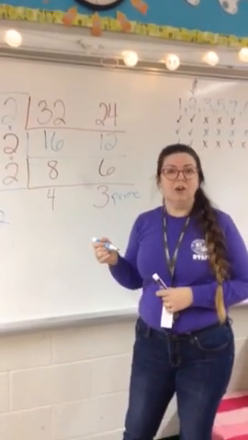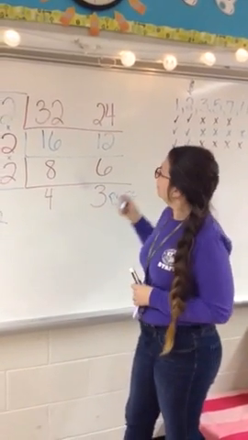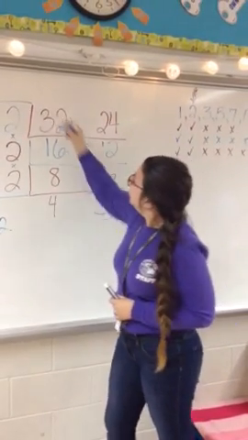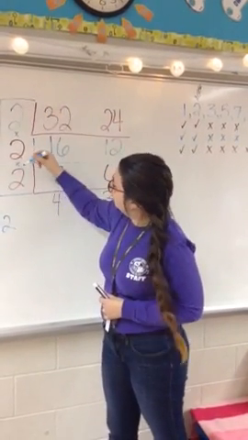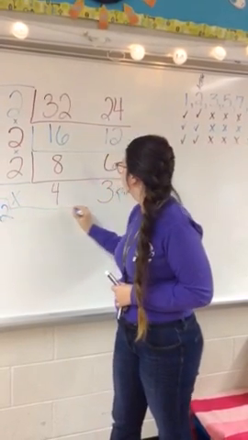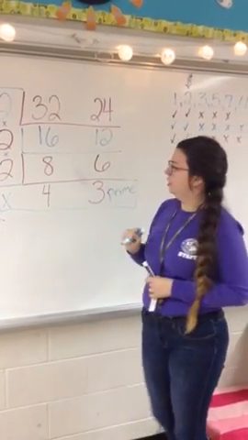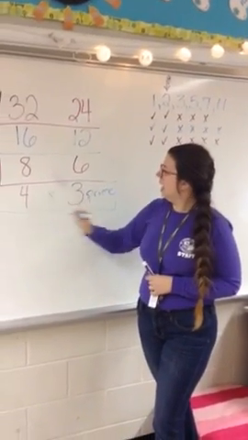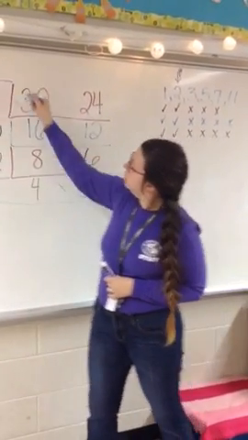Now we want to look at our least common multiple. The least common multiple is actually all of this information here, along with all of this information here. So we're just going to add one more multiplication symbol.